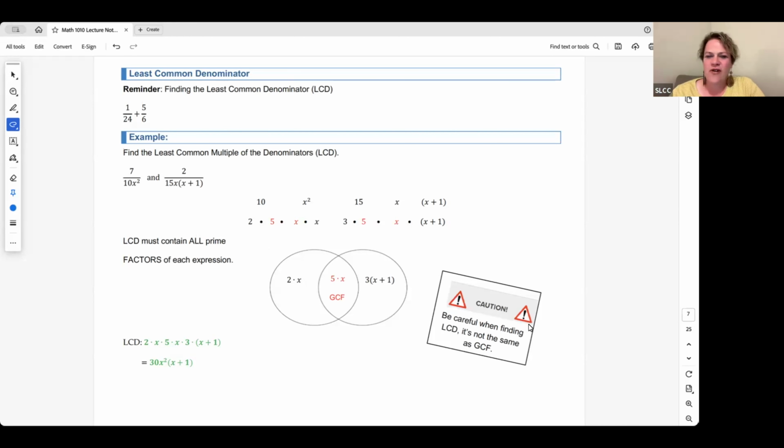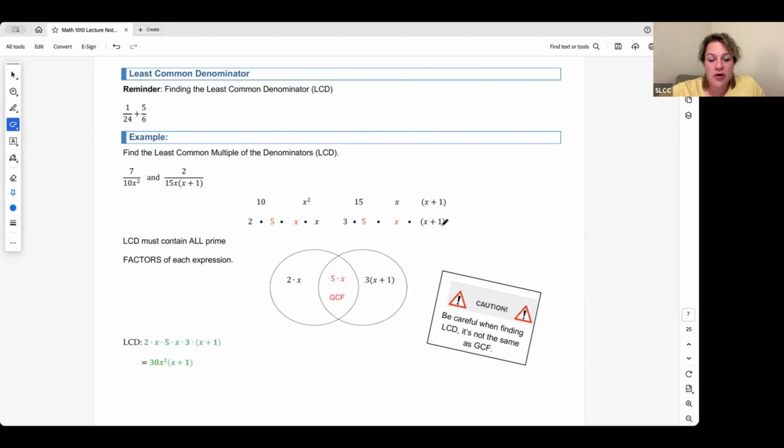Now we're talking about finding the lowest common denominator when we have rational expressions that involve variables, letters, binomial terms. It's not just a number like we've done in the past. And so we have to think about the prime factorization of each piece.